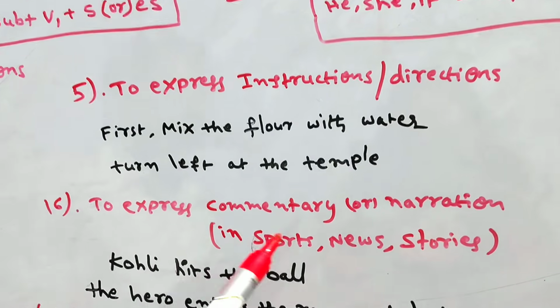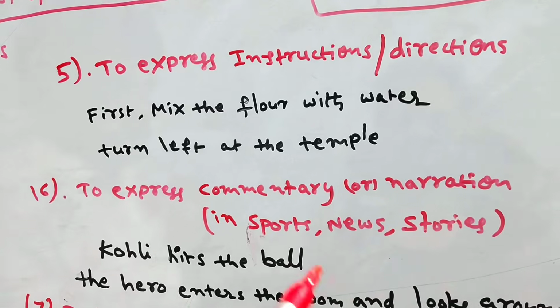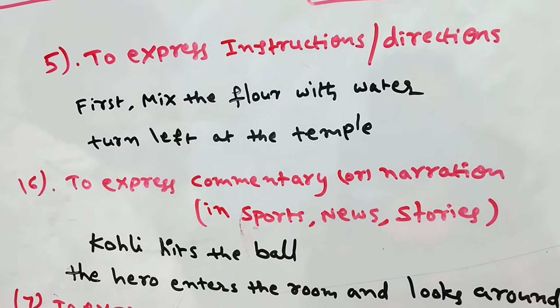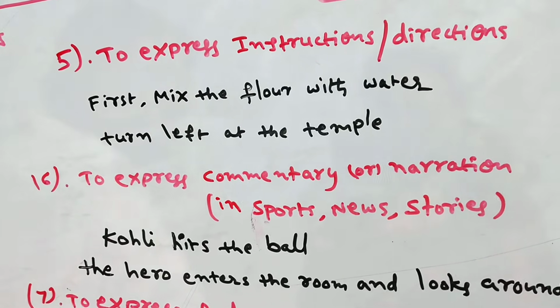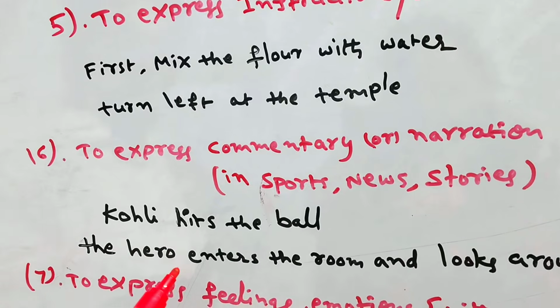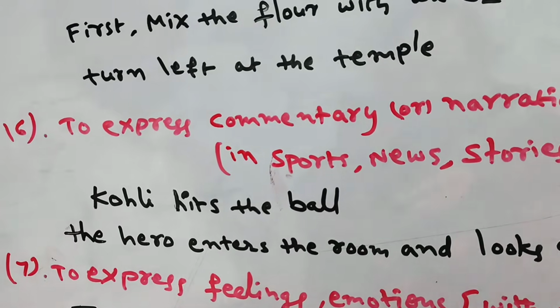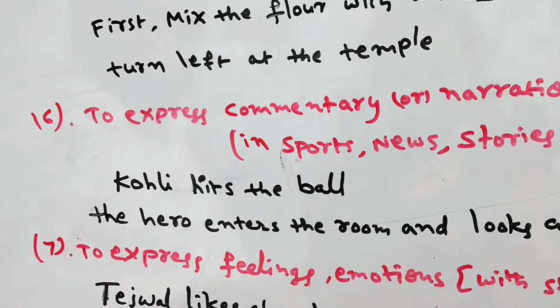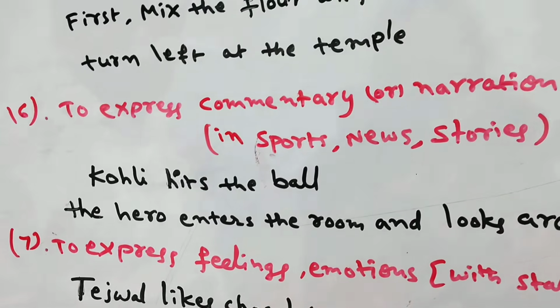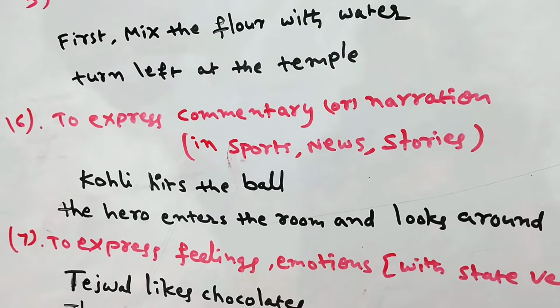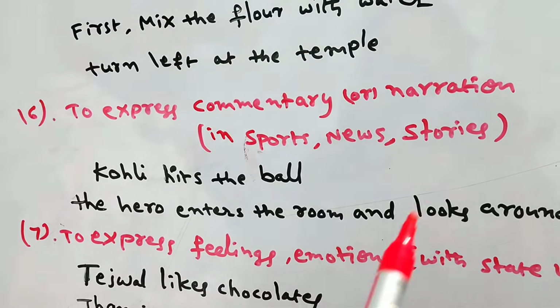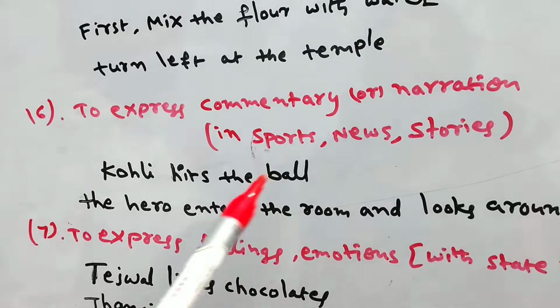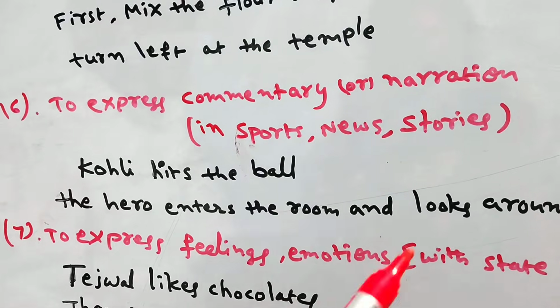And to express commentary, narration in sports and news and stories. Okay, live commentaries. Yeah, Kohli hits the ball. Dhoni takes the catch. In sports and games, like that. Okay, they use live commentary in this kind of simple present tense sentences.